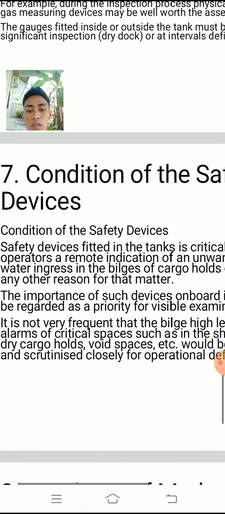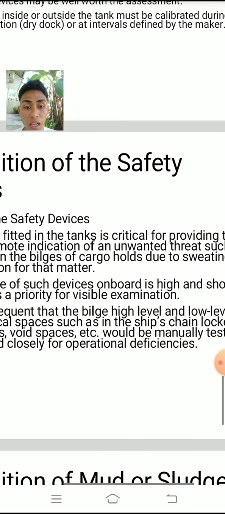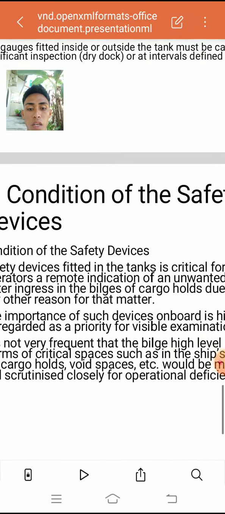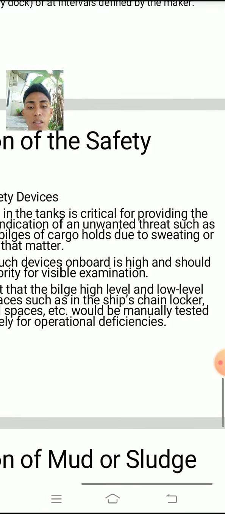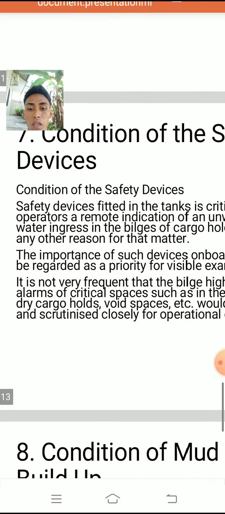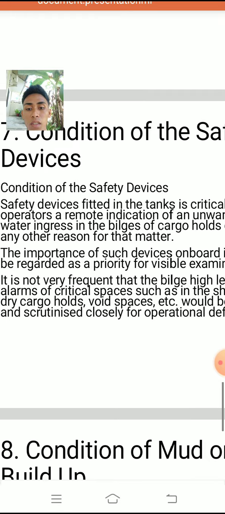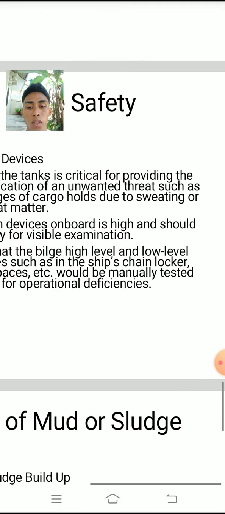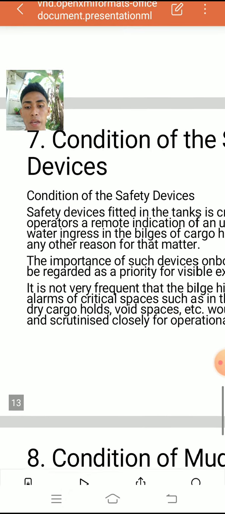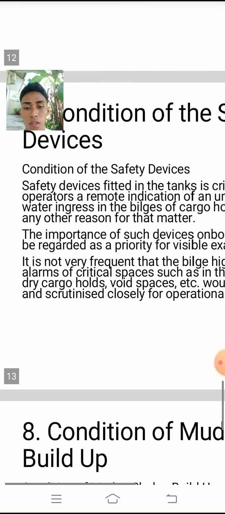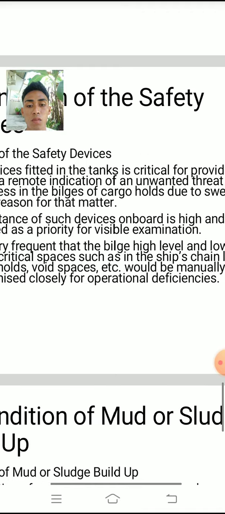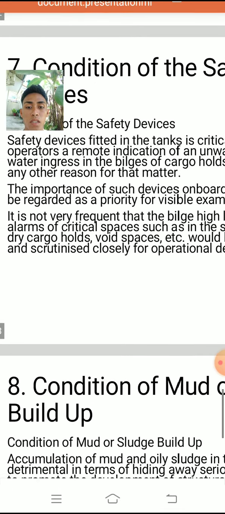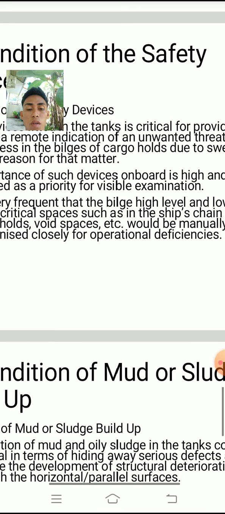Safety devices fitted in the tanks are critical for providing the operators a remote indication of unwanted threats such as water ingress in the bilges of cargo holds due to sweating or any other reason. The importance of such devices on board is high and should be regarded as a priority for visible examination.